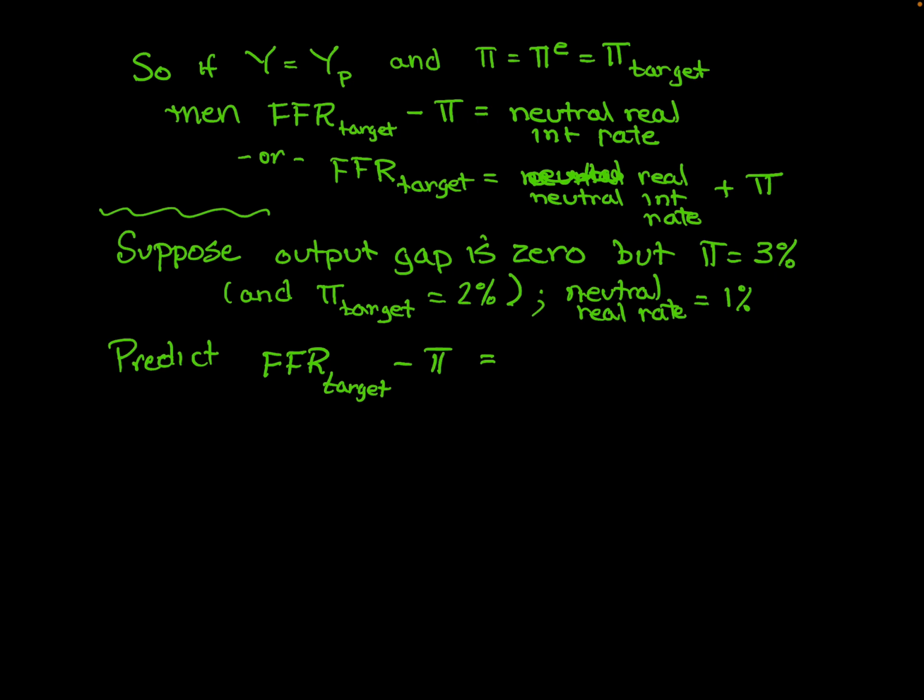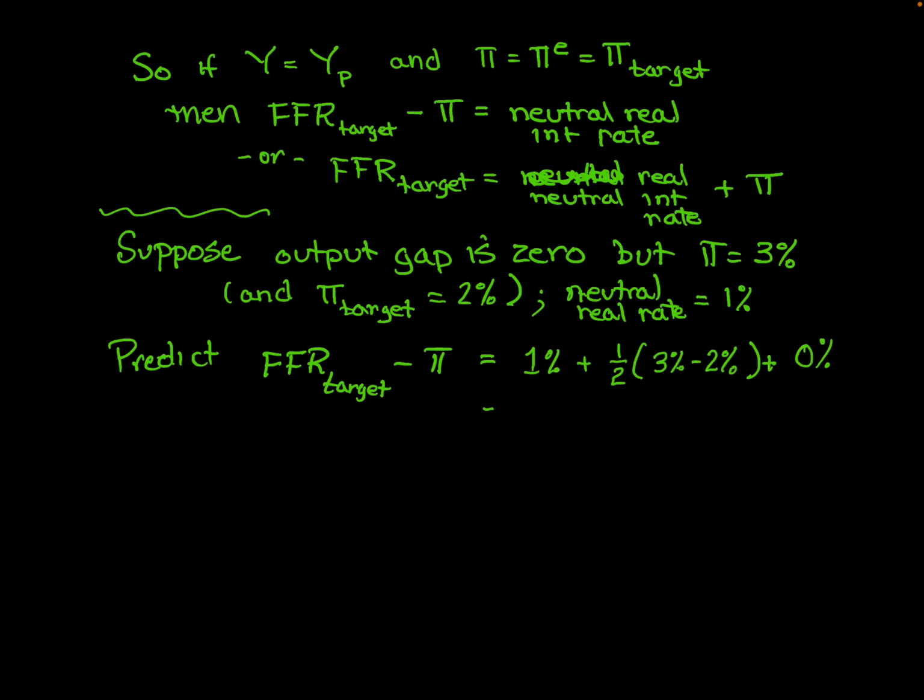Then the Fed funds rate that it would target minus the rate of inflation would be equal to 1% plus a half times the deviation of actual inflation from the target plus the output gap, which is 0.